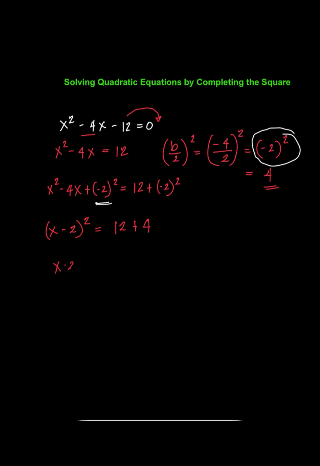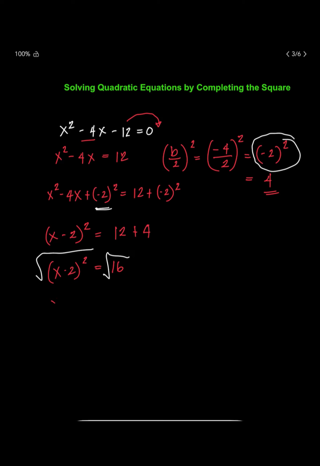So, x minus 2 squared equals 16. So, ang next step natin, is square natin both sides ulit. Para matanggal yung power of 2. That is equal to x minus 2 equals plus or minus 4.